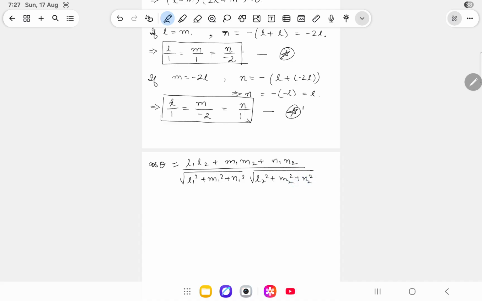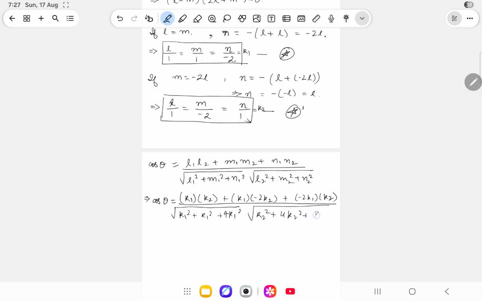If I equate this ratio with, let's say, K1 and this one with, let's say, K2, and substitute the values of L, M, N in the equation, I'll get cos theta equals K1 into K2 plus K1 into minus 2 K2 plus minus 2 K1 into K2, divided by under root K1 square plus K1 square plus 4 K1 square and under root K2 square plus 4 K2 square plus K2 square.